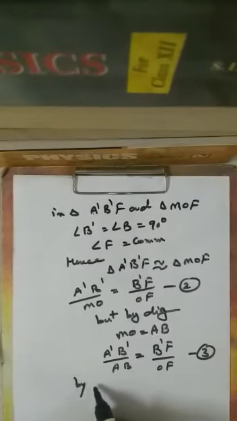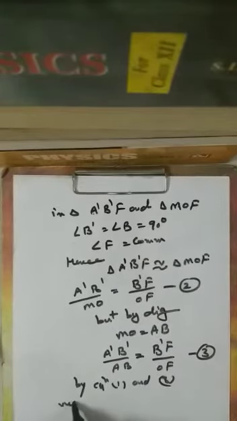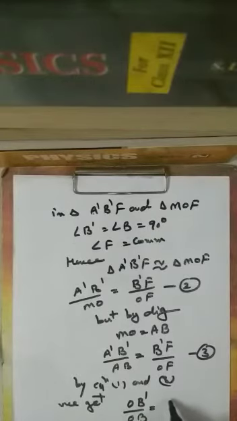By equations 1 and 3 we get OB dash upon OB is equal to B dash F upon OF, equation number 4.